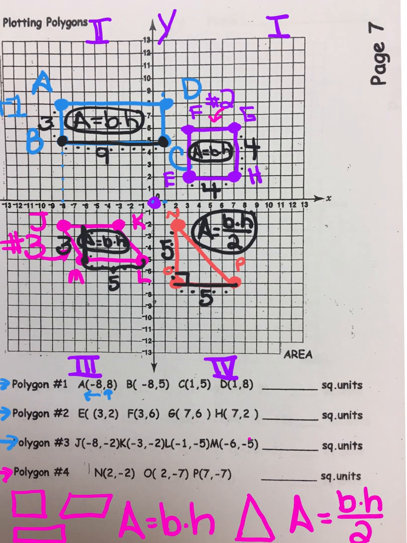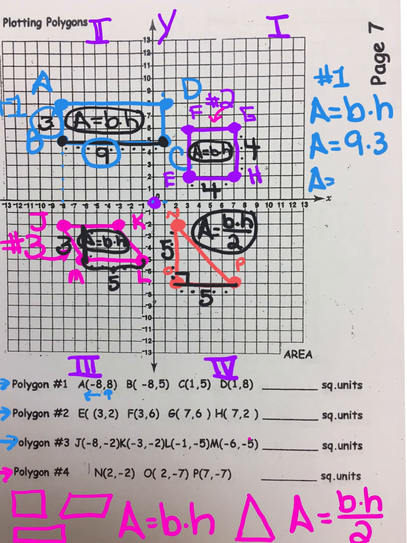Let's use our formula to calculate the area of polygon number 1. Your work should look like this. Area equals base times height. If you look back at polygon number 1, this is our base and 3 units up the side. 9 times 3 gives us an area of 27 square units.